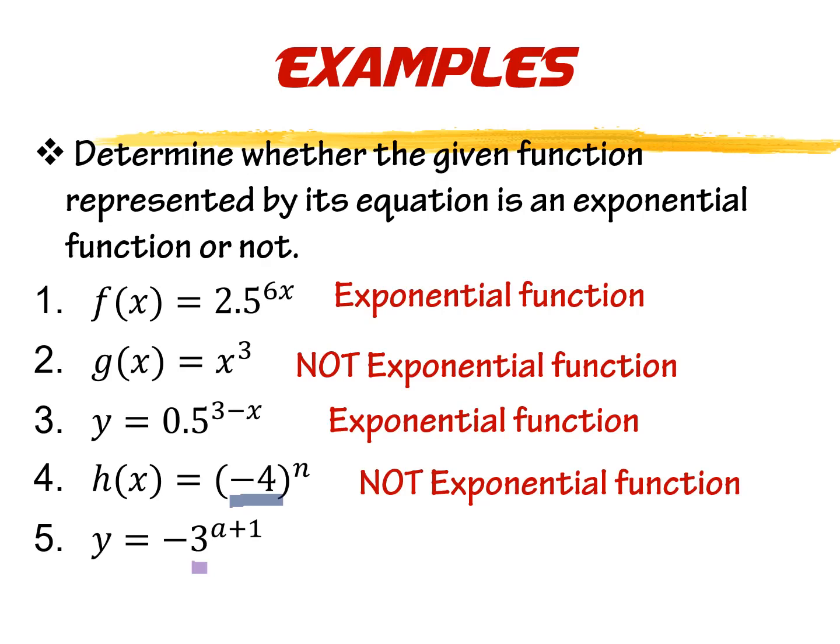So 3 is greater than 0. You have here the exponent a plus 1. It contains the variable a, and the negative indicates a decreasing function. So therefore, this is an exponential function. So there is a difference when you enclose a negative number in a parenthesis and when you do not enclose it.